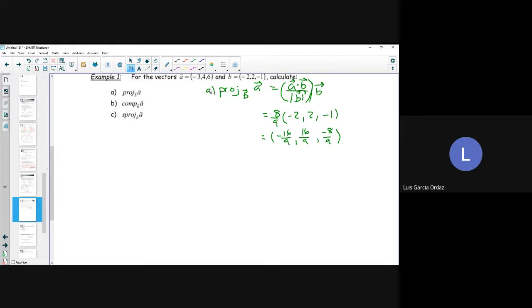So now for B, I want to get my component of A onto B. So I know that the component of A on B is the same thing as saying the magnitude of my projection, and that was based from the previous page.